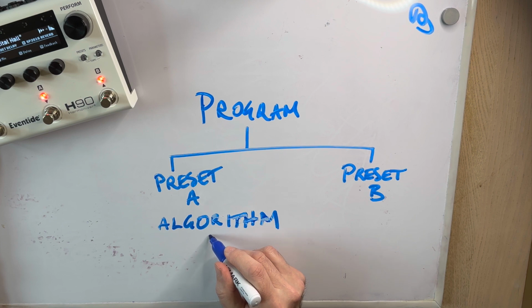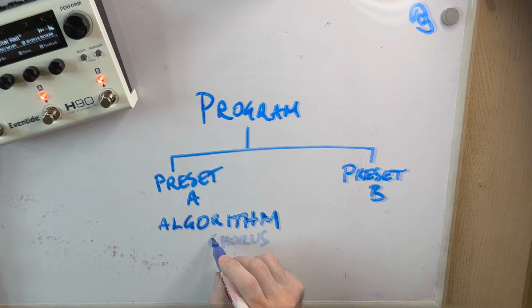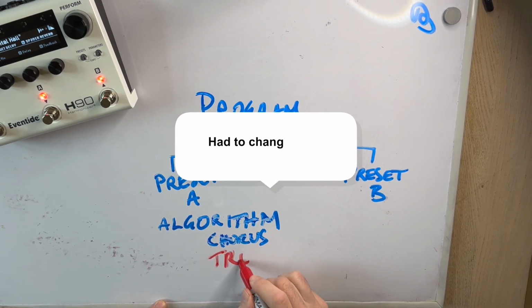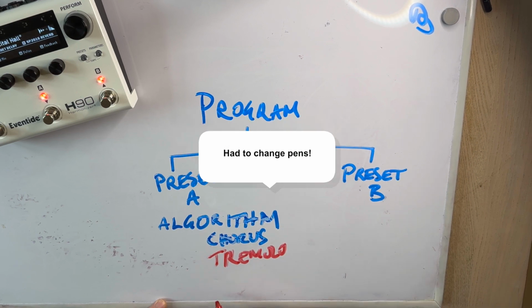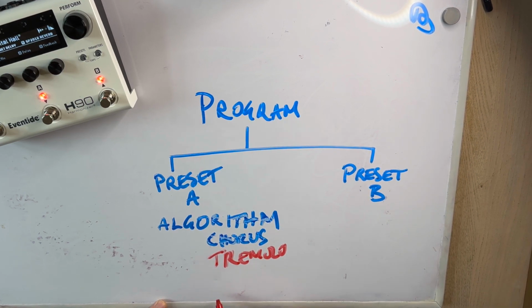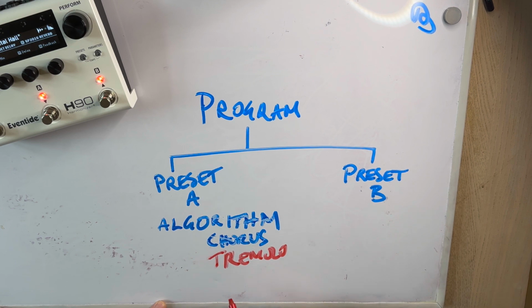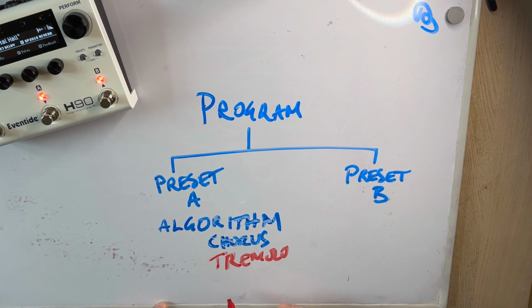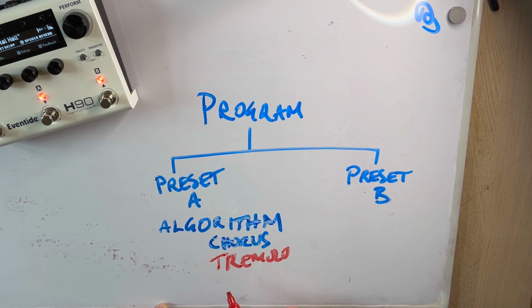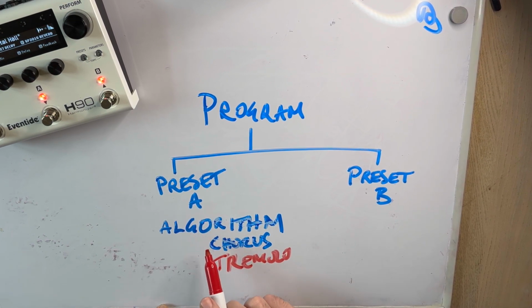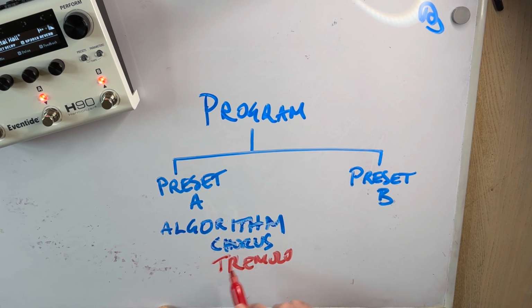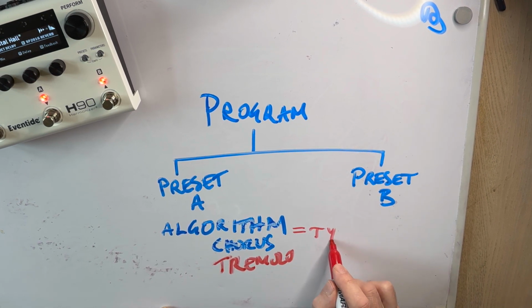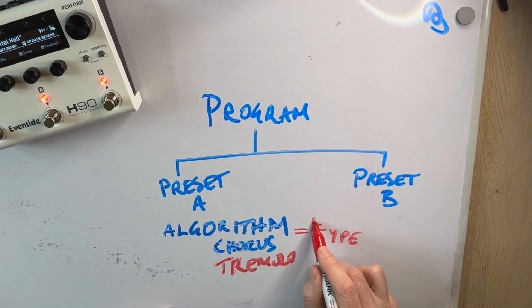So it might be the bucket delay, it might be a chorus, it might be a tremolo, it might be any other type of effect you can think of. As you know, there are 60 or 70 in the H90. So think of an algorithm as just basically a type of effect. That equals the effect type.